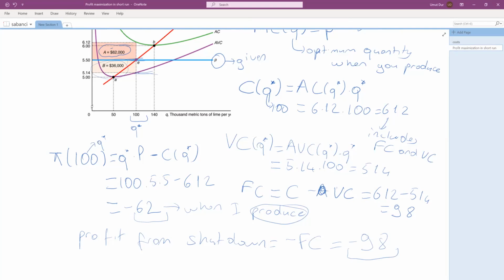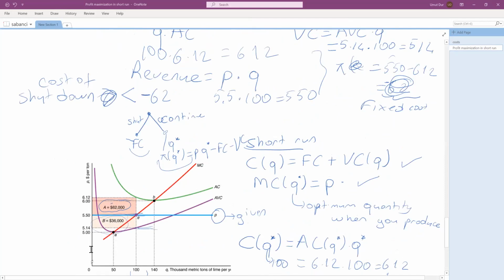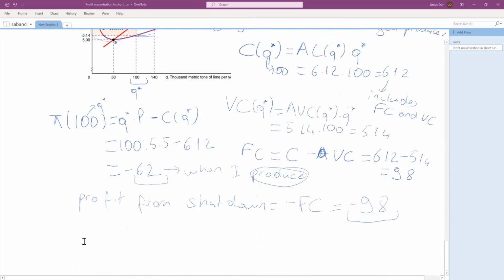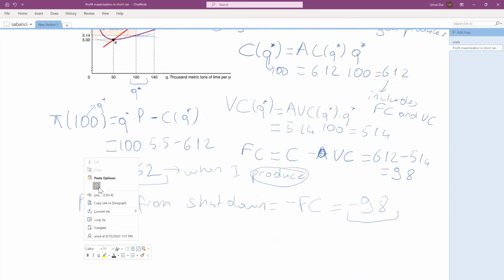Tamam, süper. So let me show you one more graph. Basically, what we have done is, for a given price, we find the optimum level of production, and we also compare it with the shutdown decision.